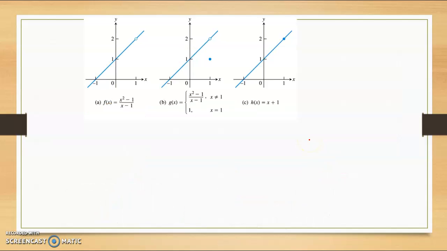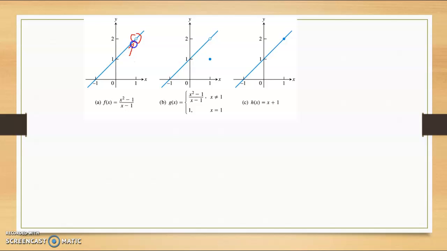Now here are some examples with the graph. At the same time, you can see the equation. Later I'll show you how to use an equation without the graph to find the limit. For now, it's easy to find the limit when you see the graph. For the first one, what happens at 1? Even though the point does not exist, we can still say the limit exists.